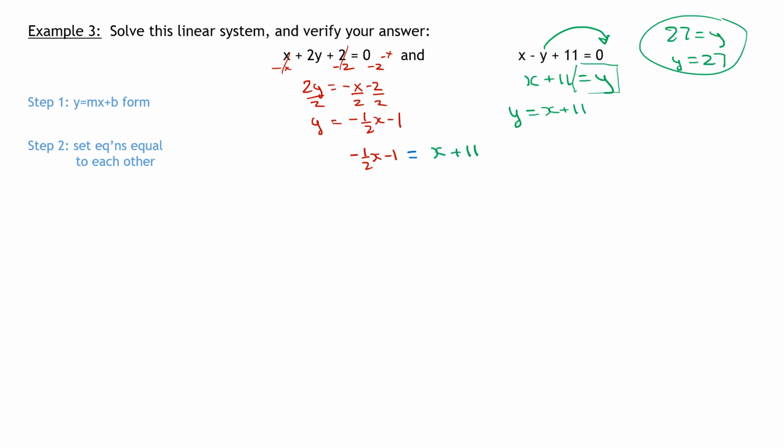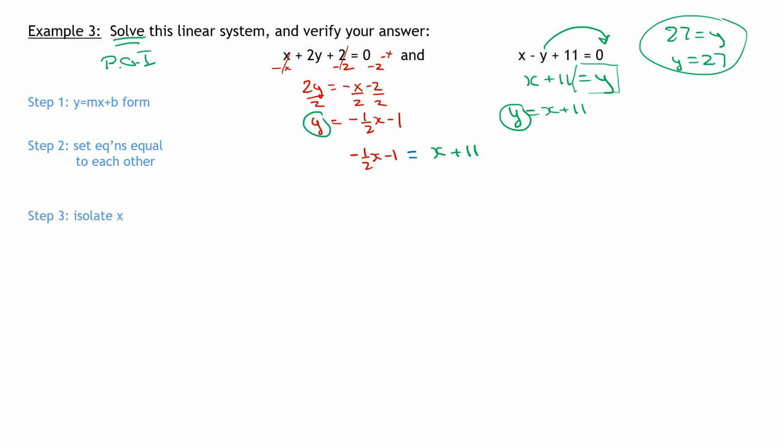These both have a y in them, and since I'm looking for the solution, which means the point of intersection, I want the y's to equal each other. That's why I'm allowed to do this step here. So set the equations equal to each other.